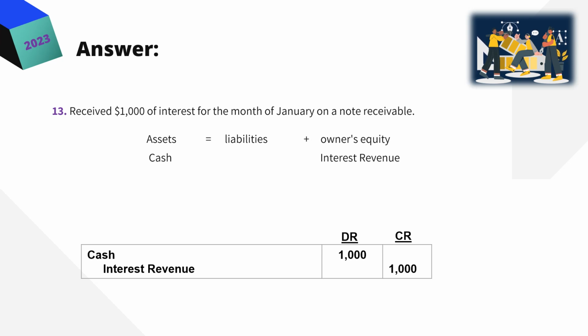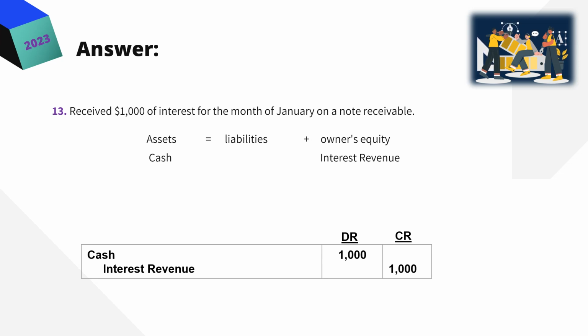We don't know the amount of this note receivable, and we don't know the terms of it, but we do know that we're receiving at this time $1,000 of cash from the borrower as payment of interest. This interest represents the cost of the money, or in our case, looking at it from our standpoint, having loaned the money, the income from having provided the loan.